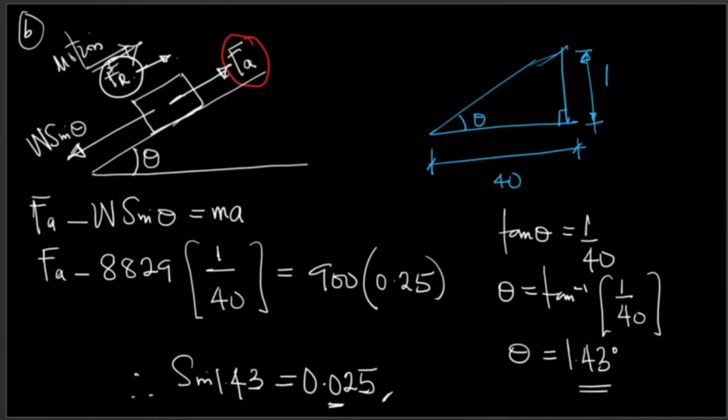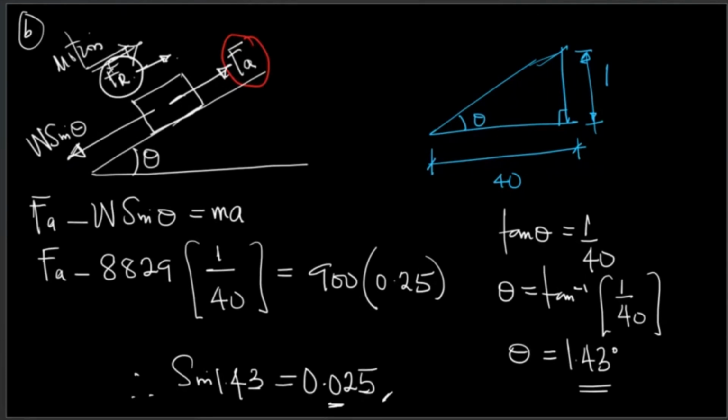You see what I did there? So when you are given an incline, maybe it's 1:50 or 1:20 or 1:30, you just replace the sine of theta by that ratio, because sine of that angle is going to give you that ratio, which is 1 over 40. That's the reason why we replace it in the sine.